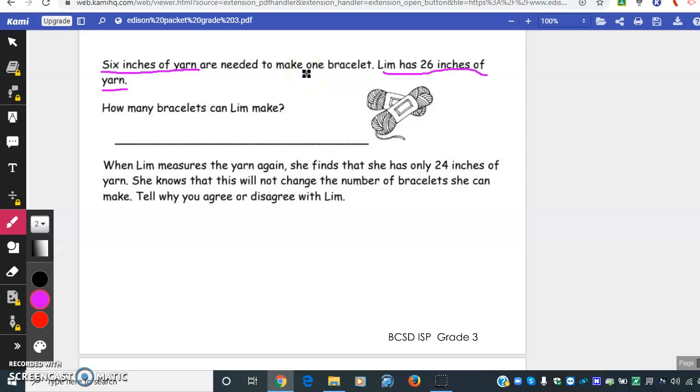Each bracelet that Lim wants to make is going to use 6 inches of yarn. And so that's going to be set up with a Math Mountain, because this is a 3rd grade multiplication division problem.